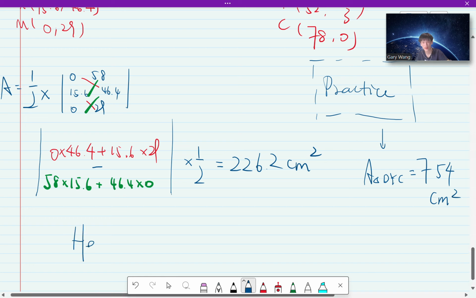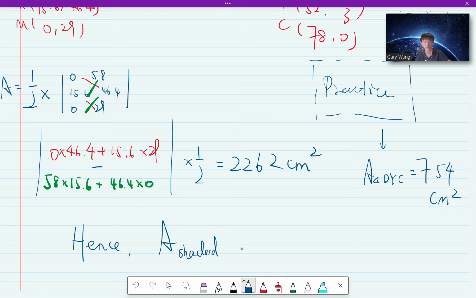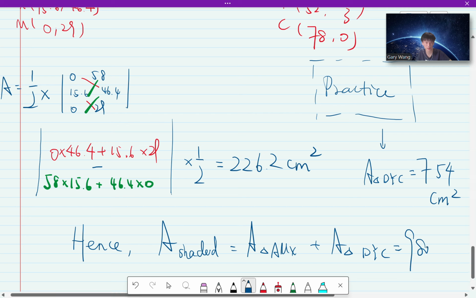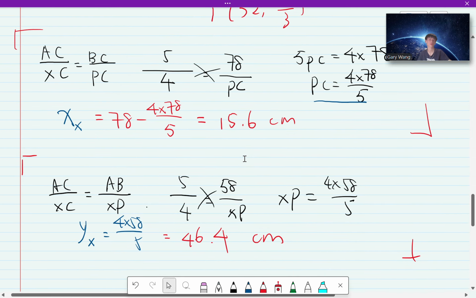Hence, the total area of the shaded section should be equal to the area of AMX plus the area of triangle DYC, which is approximately 980.2 centimeters squared. And this would be the final answer for this monstrous question.